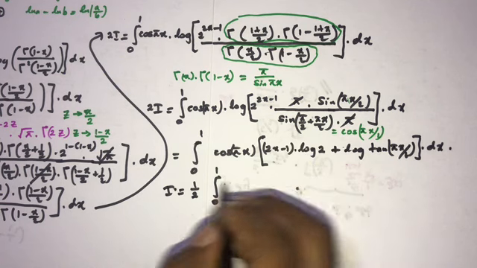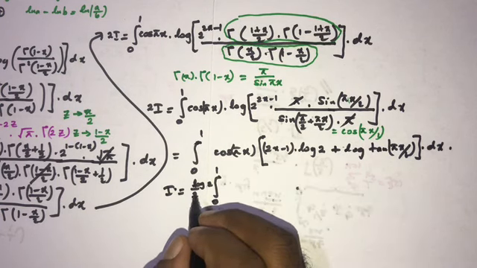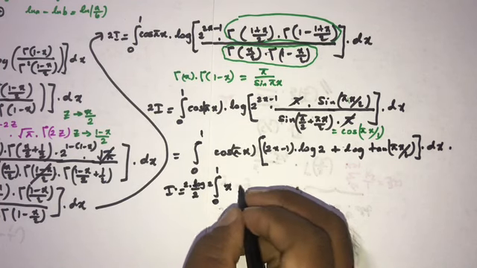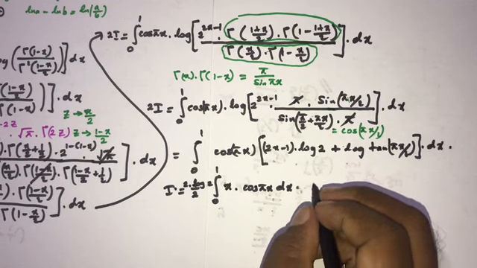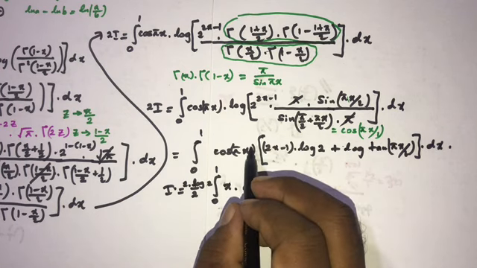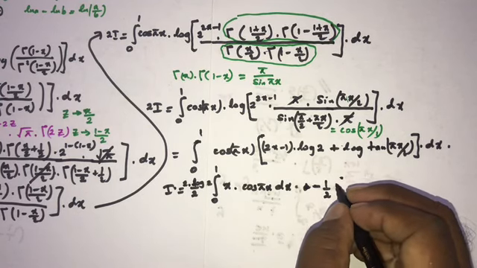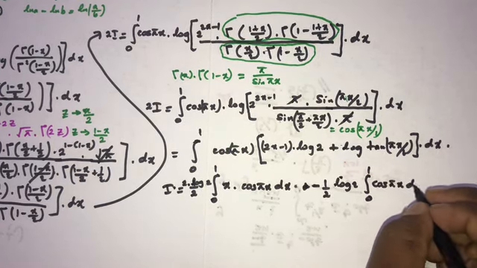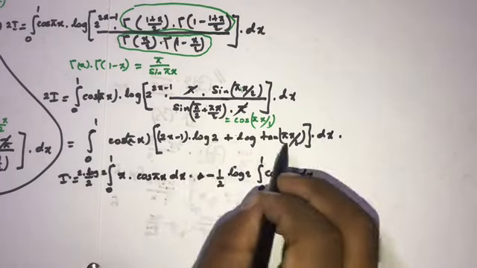So here natural log of 2 is also a constant, so here natural log of 2 over 2, and here we know 2 times, again 2 is a constant, so x times cosine of pi x dx, and then here plus now natural log of 2 minus natural log of 2 times cosine of pi x, so here minus sign, here 1/2, so 1/2 natural log of 2 integral from 0 to 1 cosine of pi x dx, and then here we have cosine of pi x.